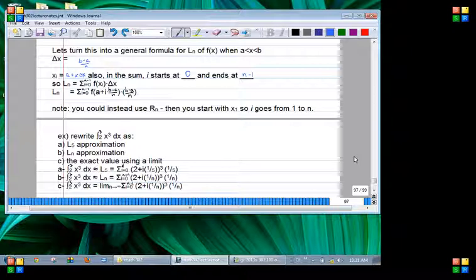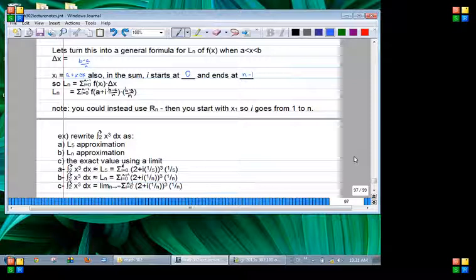Since delta x is 1 over n, as n goes to infinity, delta x goes to 0. So notice that those two ideas in terms of limits are basically equivalent. Saying delta x going to 0 and saying n goes to infinity means basically the same thing. It's just a question of notation and how we choose to write it down.